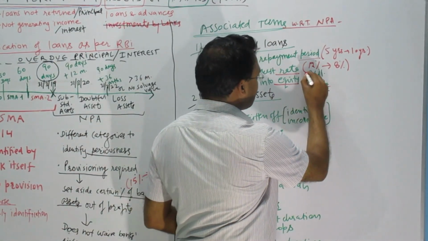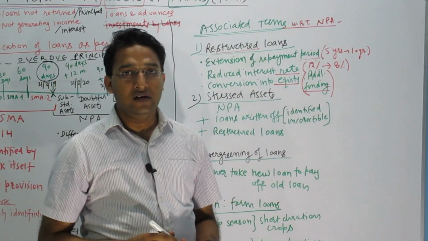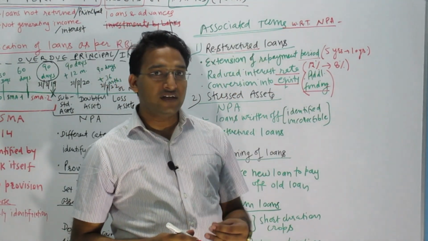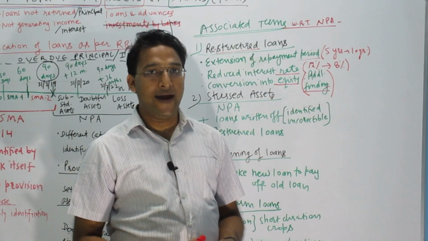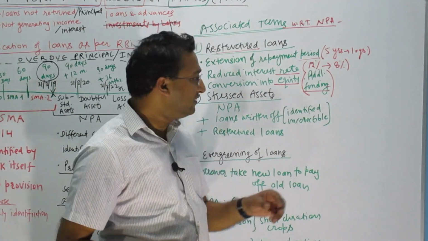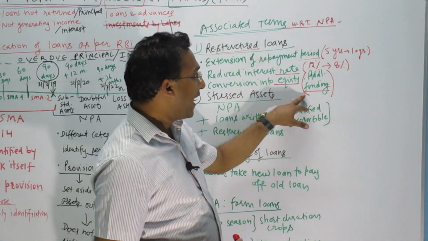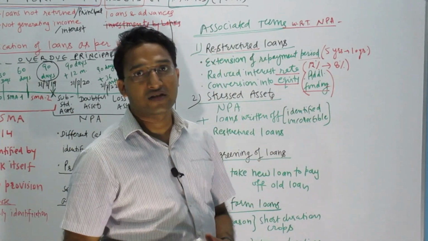And the fourth form of restructuring is additional funding. Maybe there is a chance that a small amount of funds given by the bank to the borrower may revive it. So in this case, the additional amount is given to the borrower, and this is also one kind of restructuring of the loan.